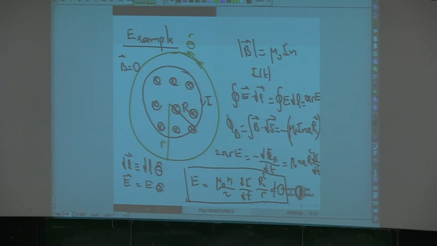Now let's look at this case. Let's just assume that we take a positive charge from point P1 to point P2. I can move this positive charge from P1 to P2, let's say along this semicircle.